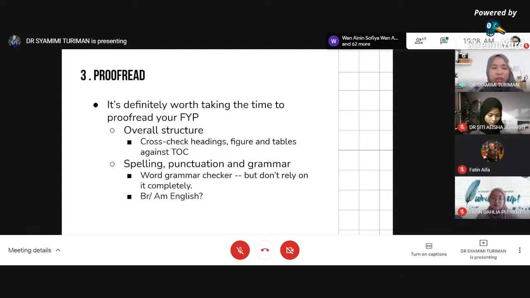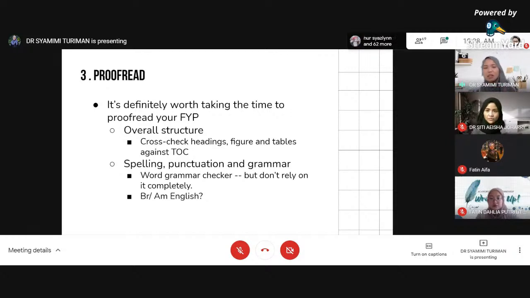So if the results section was not mentioned based on the correct page number in the table of content, I guess that will be a turnoff, right? That already gives a premonition that the reviewer is going to read a sloppy work. So you don't want that to happen, right?